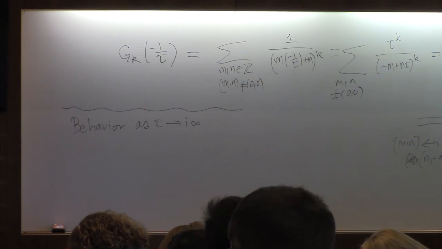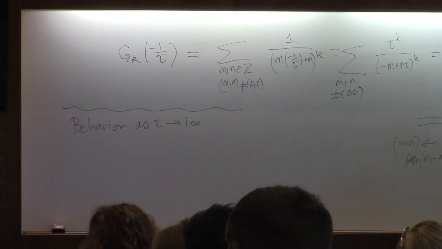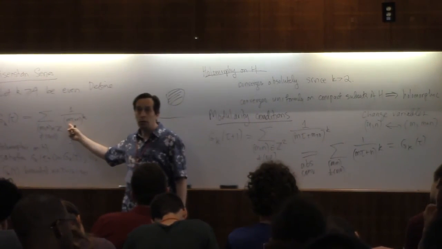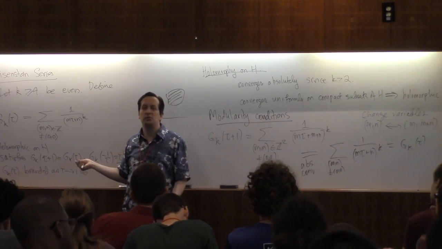Well, if we're going to wave our hands, then as long as n is not 0, for each individual term, as tau shoots off to infinity, this will go to 0. If n is 0, well, the term is just 1 over m to the k. It doesn't matter what is happening with tau.